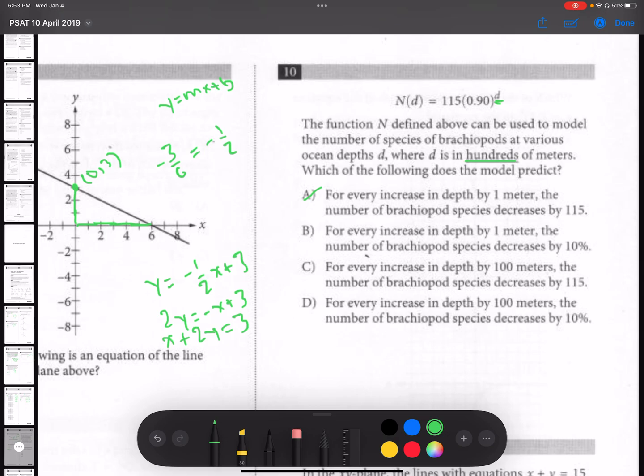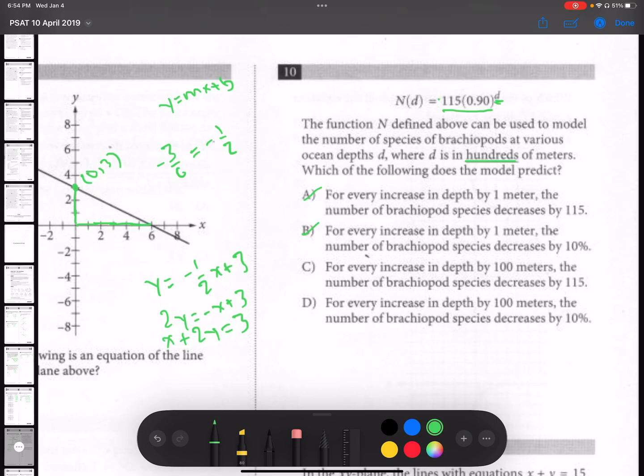B, for every increase in depth by 1 meter, the number of brachiopod species decreases by 10%. We're not sure about that because we're multiplying this with 0.90, and it never says anything about decreasing in the equation, so I'm also going to take that out. C, for every increase in depth by 100 meters, the number of brachiopod species decreases by 115.